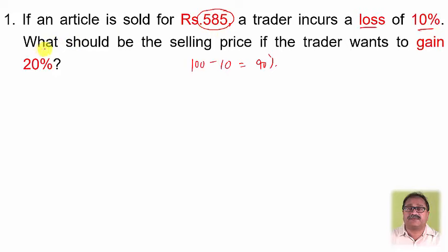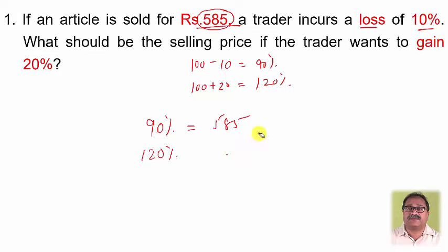You are asked to find what the selling price should be if the trader wants to gain 20%. That is 100 plus 20, my selling price should be 120%. So here 90% is given, which is 585. Let's write down: if 90% is equal to 585, then 120% is equal to how much?